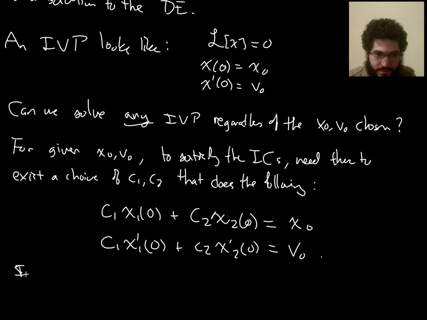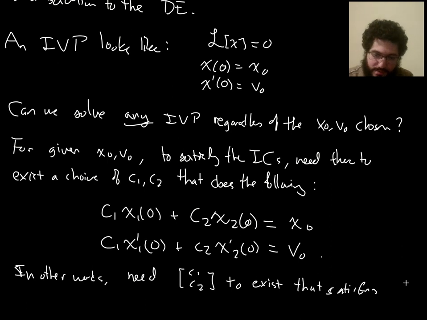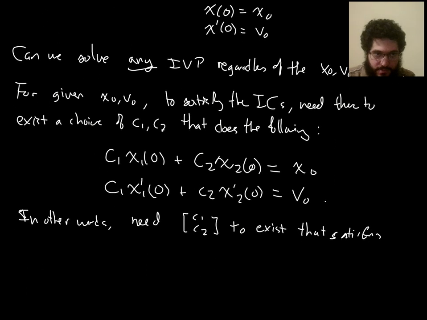So in other words, we need a vector C1, C2 to exist that satisfies this equation, and now let me rewrite this setup here, but in matrix vector form.